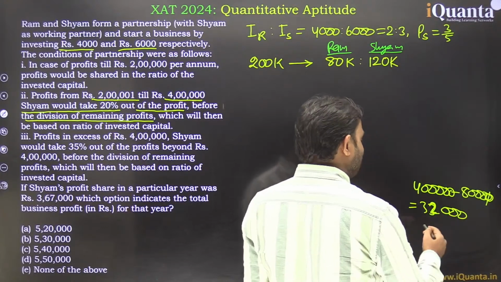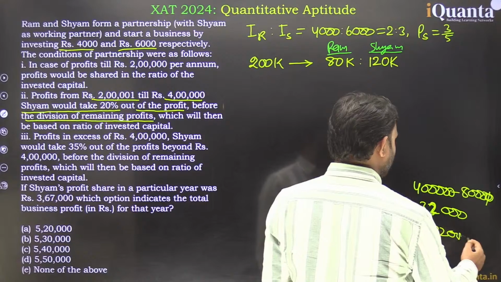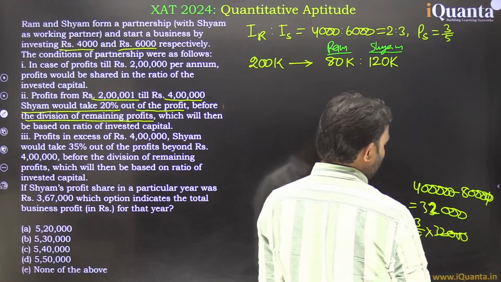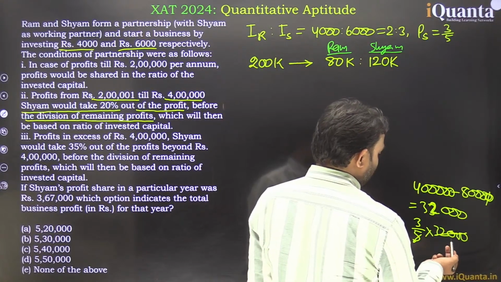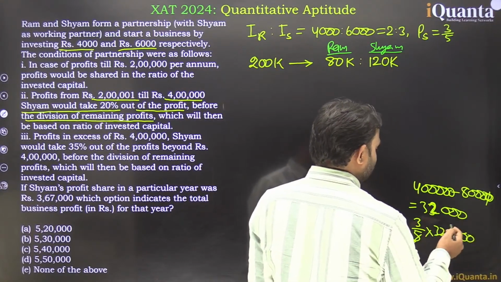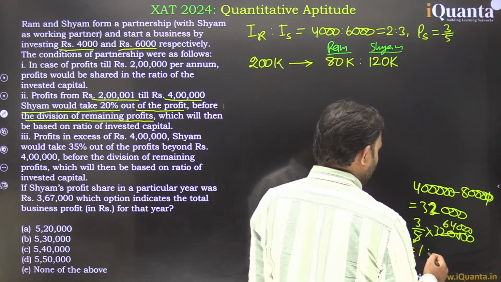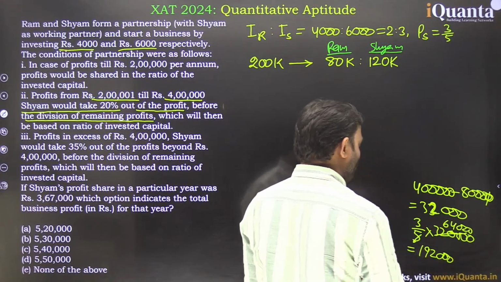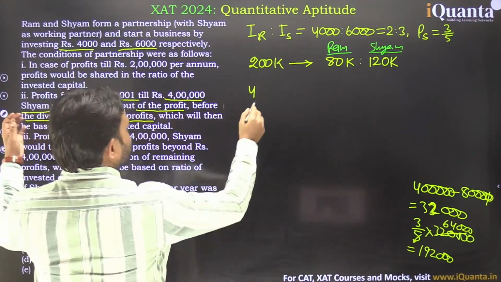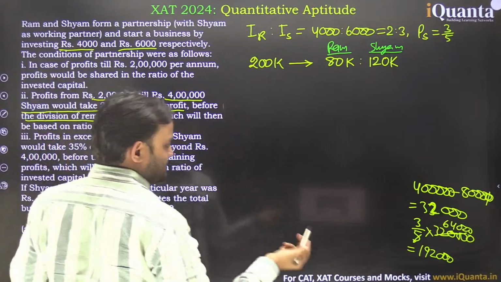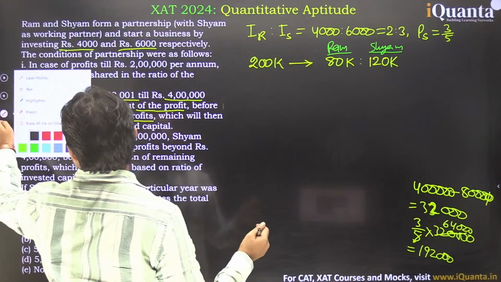Out of these, if you take 3 by 5, so 64,000... Wait a second. This is wrong. This is wrong.